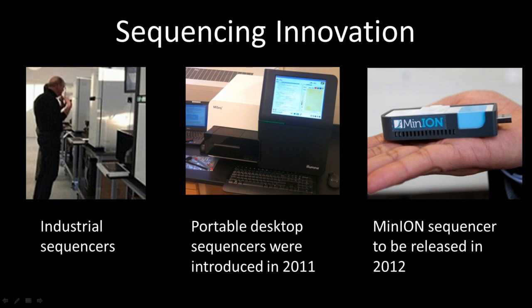The new sequencers make it easier for medical clinics to start sequencing a patient's individual genomic data. The Minion device is actually a USB sequencer that you can plug into a laptop. It is scheduled to be released later in 2012.